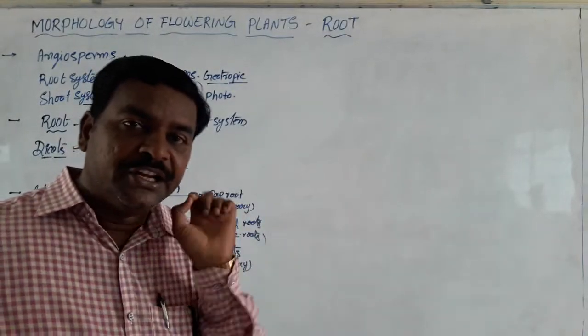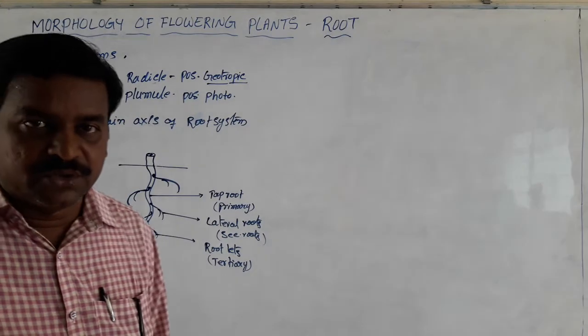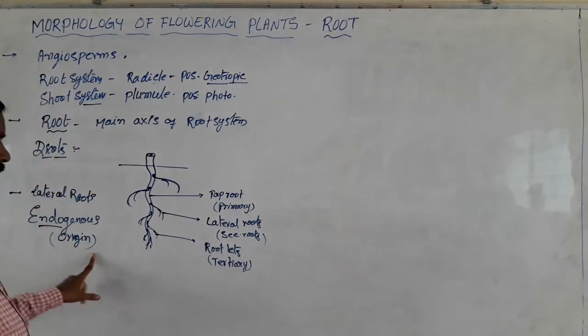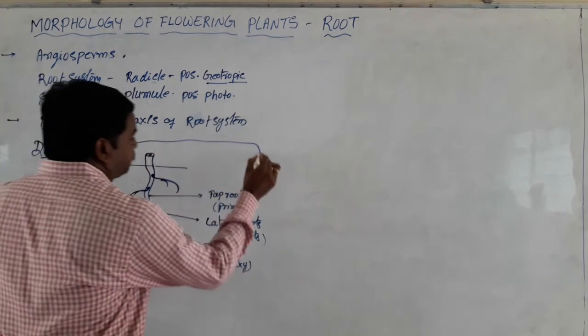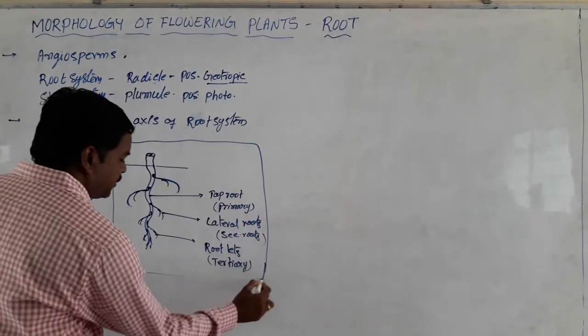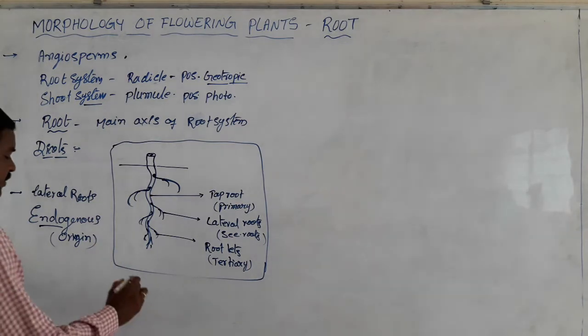Very, very important: lateral roots are endogenous in origin. They are developed from the internal part of the root, that is, the pericycle. This type of root system, which is generally present in dicotyledonous plants, is considered a taproot system.